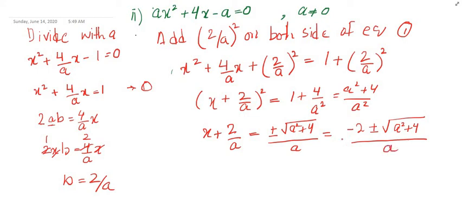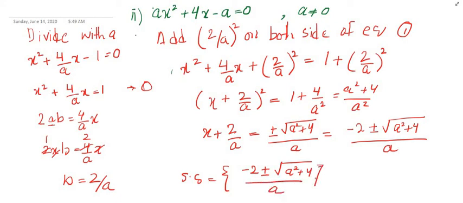Now this is the solution set. Our solution set is minus 2 plus minus square root a square plus 4 divided by a. This is the solution set.